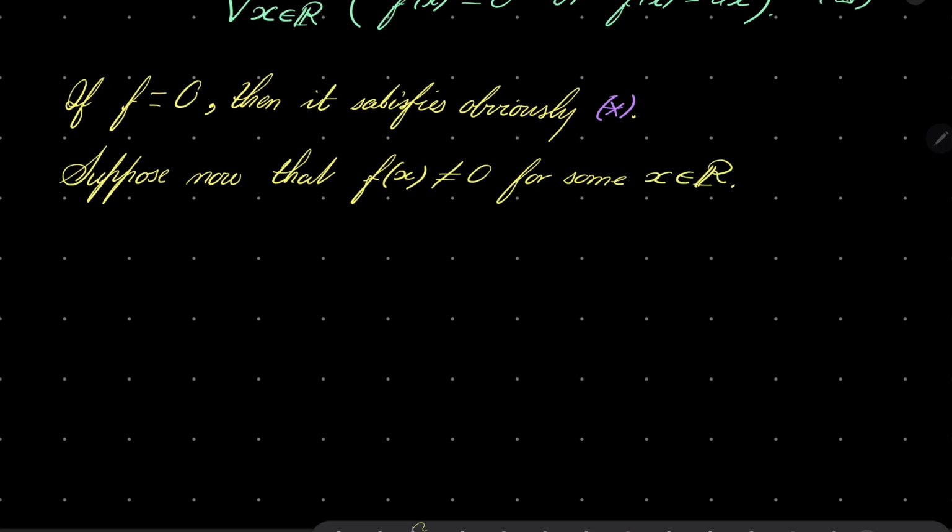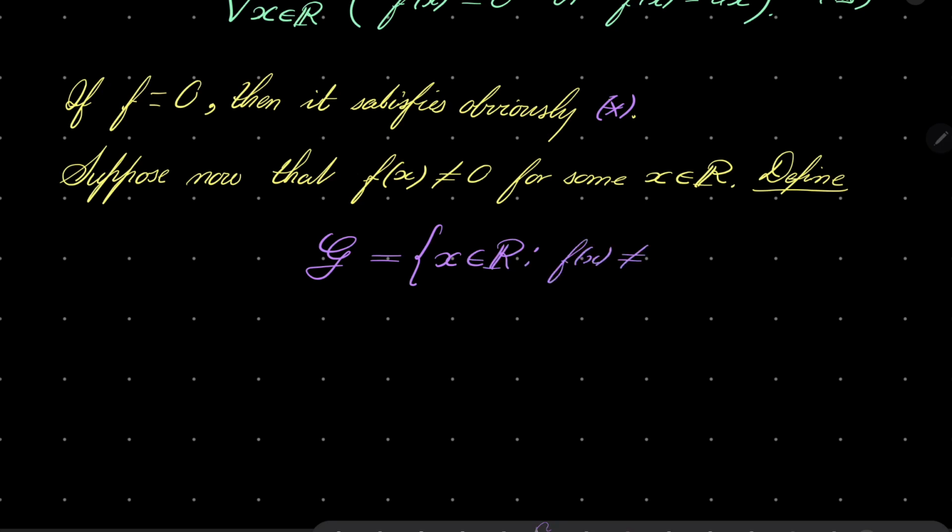And moreover, let's define set G, which will be all the real numbers at which our function is not 0.